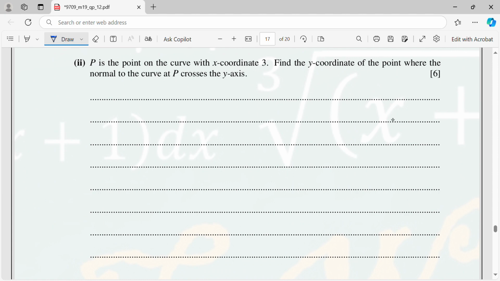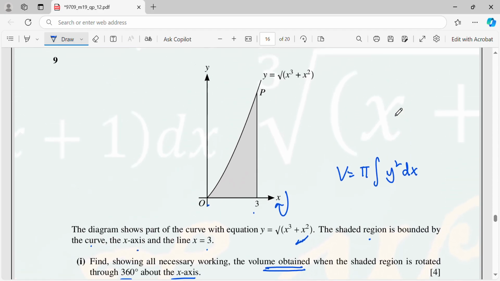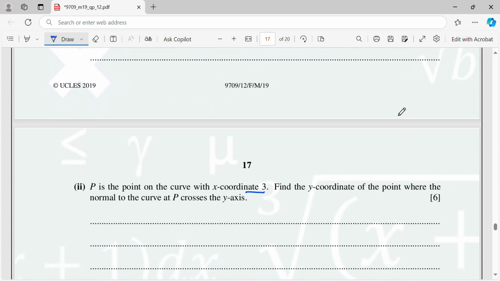For part 2, P is the point on the curve with x equals 3. Okay, x equals 3. Right, which is here. Find the y-coordinate of the point where the normal to the curve at P crosses the y-axis.